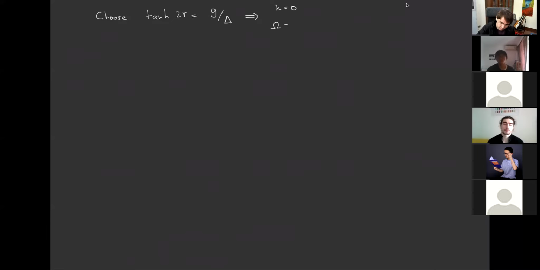You can also check, so you have it in the notes or you can try by yourself, that omega takes this simple form. It's essentially the square root of delta squared minus G squared, and then it has a sign that can be positive or negative because the detuning can be positive or negative.